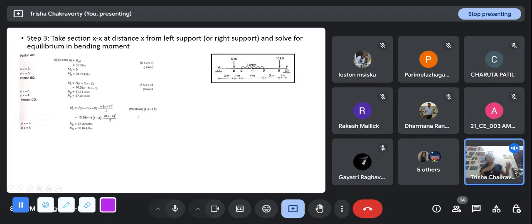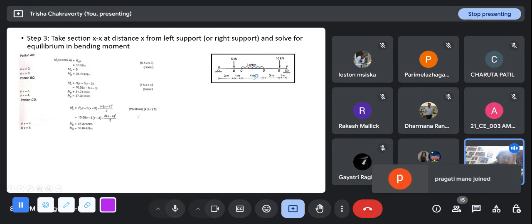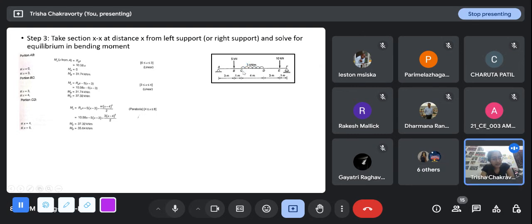Earlier, we considered the entire CD portion, so we considered the 12 kilonewton lumped at this midpoint. But I have only gone up to, suppose 2 meter here. Suppose my x is 6 meters, so this means I'm somewhere here. The right portion I have not encountered yet, forget about it. I am just concerned about the force to the left of my x point. So I'm going to take the magnitude of this force lumped at the midpoint of this region. So the force will be here.